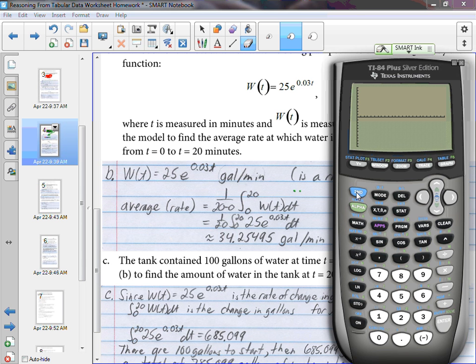Let's see if it does. So second calc, choose the integral, lower limit 0, upper limit 20. So I get that, and I divide it by 20.